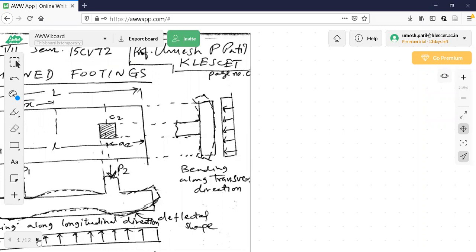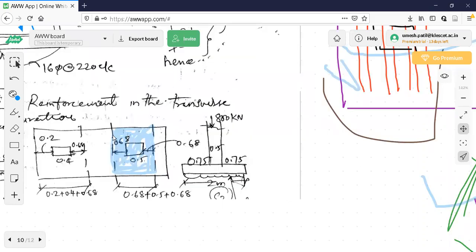So how much is that area which is taking part in transverse bending? Just observe this much portion of the footing which takes part in transverse bending.